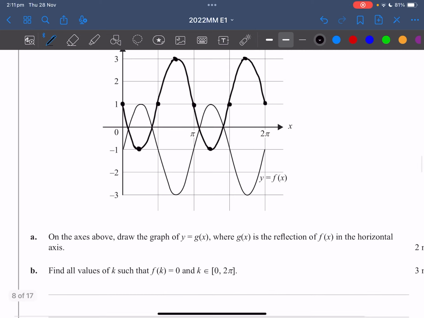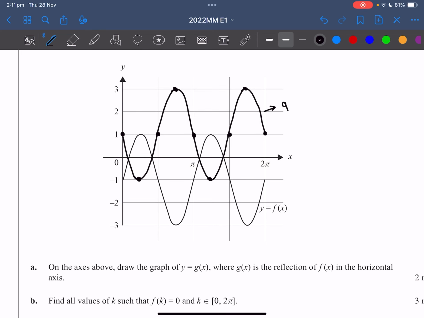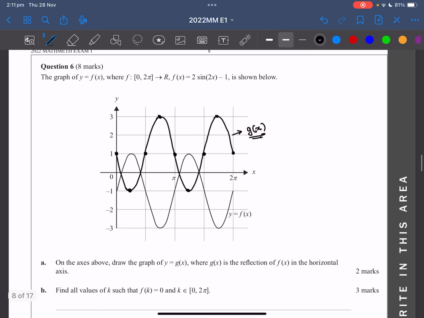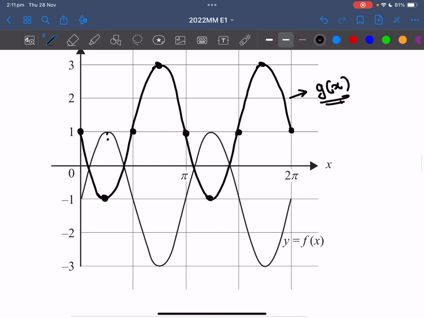So we can say that this is our g(x). We have reflected it across the horizontal axis, so that is all good. It's 2 marks. I guess 1 mark for the correct shapes and 1 mark for realizing the points method that I was talking about, that each point is matching, so we are not having our minimum peak here rather than having it in line with the maximum peak here and stuff like that.